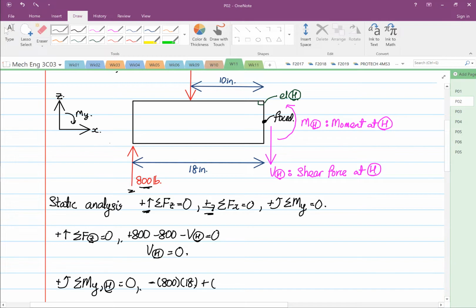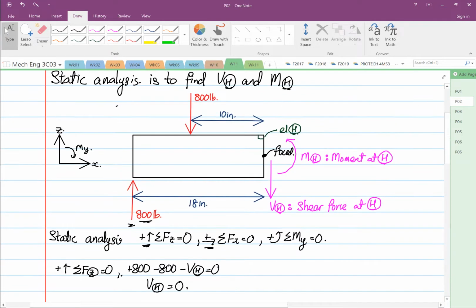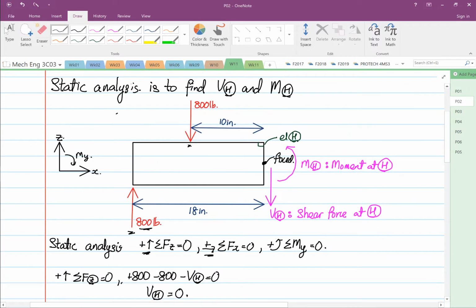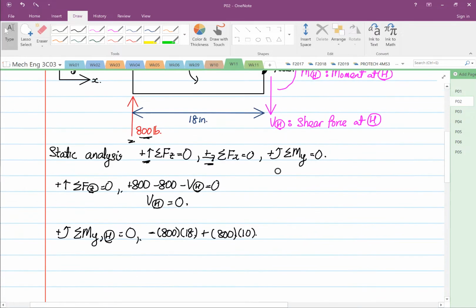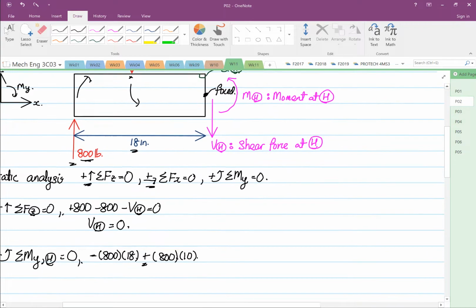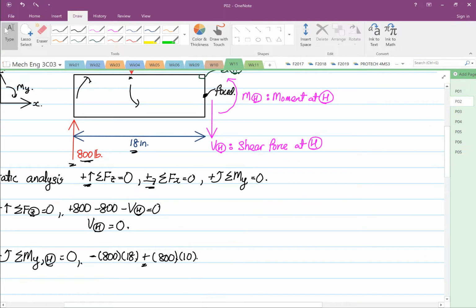Then plus 800 times 10, going in the anti-clockwise direction, so it's positive. Moment MH at this fixed point goes in the anti-clockwise direction, so plus MH. Everything is equal to 0.